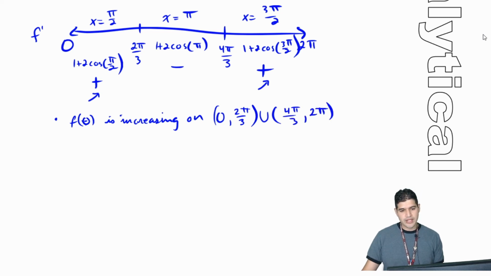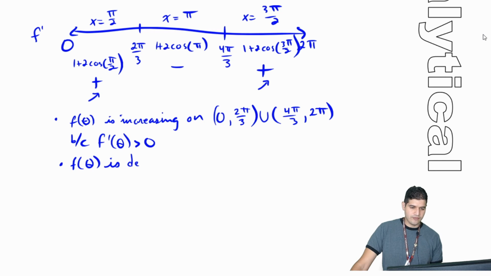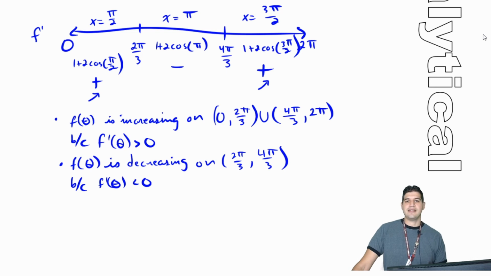The reason we know this is because f prime of theta is greater than 0. And conversely, f of theta is decreasing on 2 pi over 3 to 4 pi over 3. The reason we know that is because f prime of theta is less than 0.